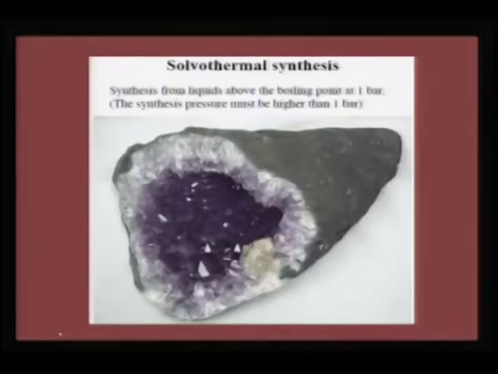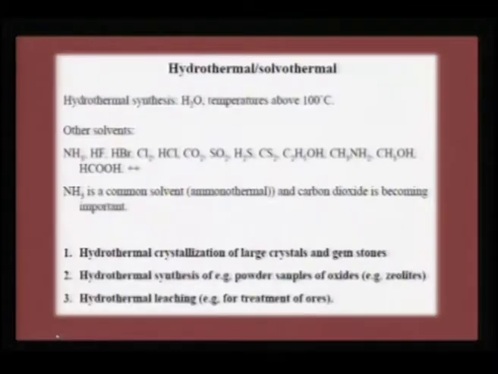So, in solvothermal synthesis, a typical single crystal that is formed is shown here. Synthesis from liquids above the boiling point at 1 bar is usually realized. In hydrothermal or solvothermal reactions, water is usually used, or we can also use ammonia, some mineral acids, and even carbon dioxide and SO2 can be used.